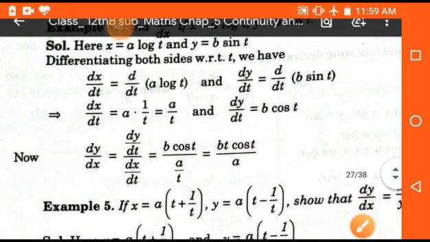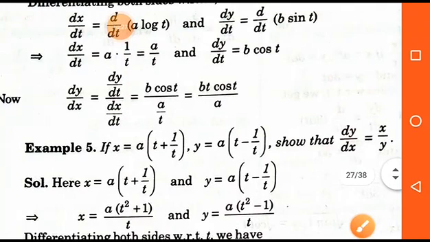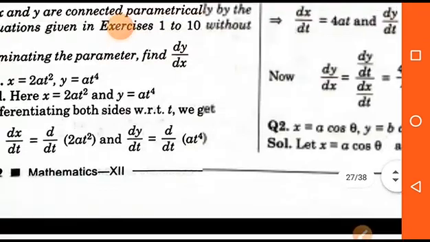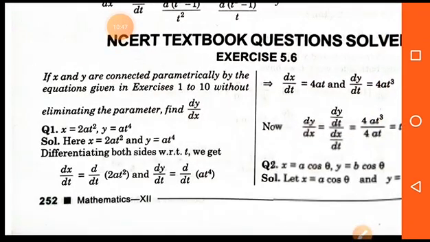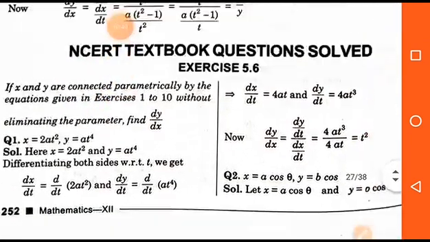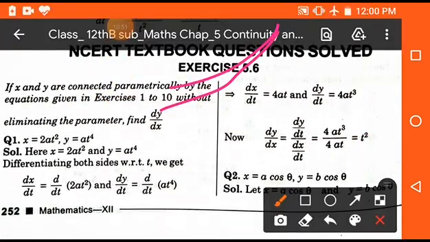So students, I think you all understand, if the function is given in parametric form, then you will have to differentiate x and y individually with respect to the parameter, and after that you divide and get the result. Clear students? Okay. So on the basis of the above examples, you can solve the questions of exercise 5.6. Questions are very simple.